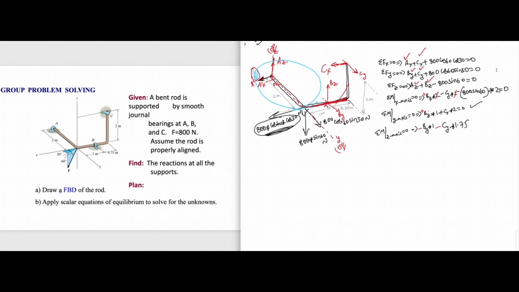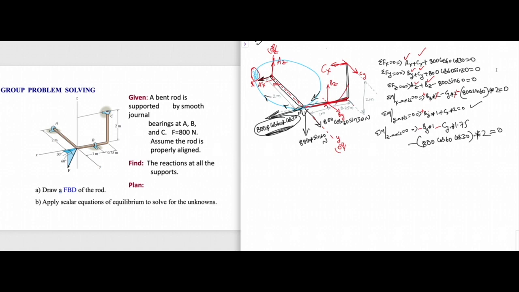The direction will be like this, like that, and it will come back like this, because this is the direction of 800 cos 60. So the distance will be 2 meters. That means due to this addition of the external force, we will have 800 cos 60 cos 30 times 2, and that is going clockwise, so it's negative, equal to 0. So this is the updated set of equations when we have an external force acting on the system, right? So this is how we approach the problem.